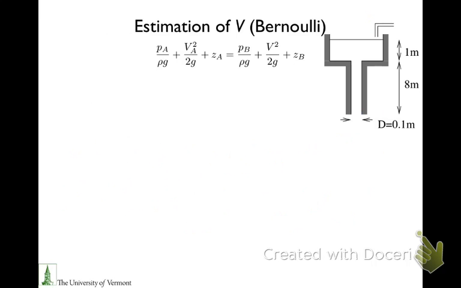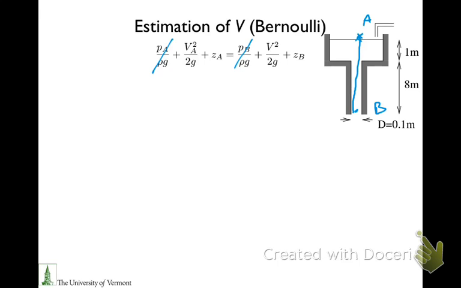So if we apply Bernoulli from point A to B, across a streamline, PA is equal to PB, so those go away.